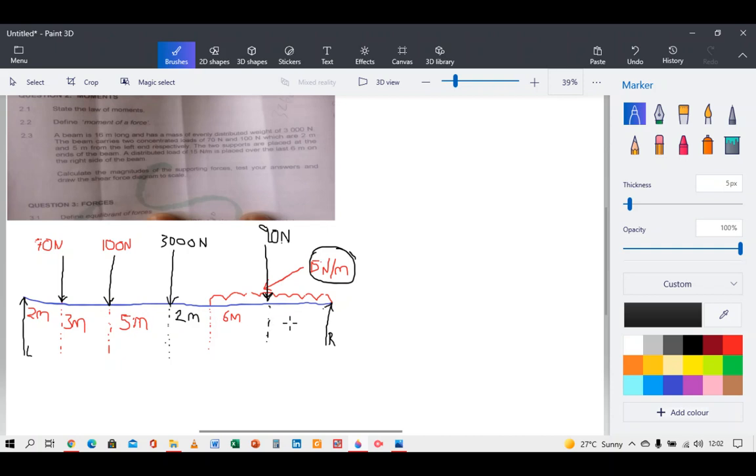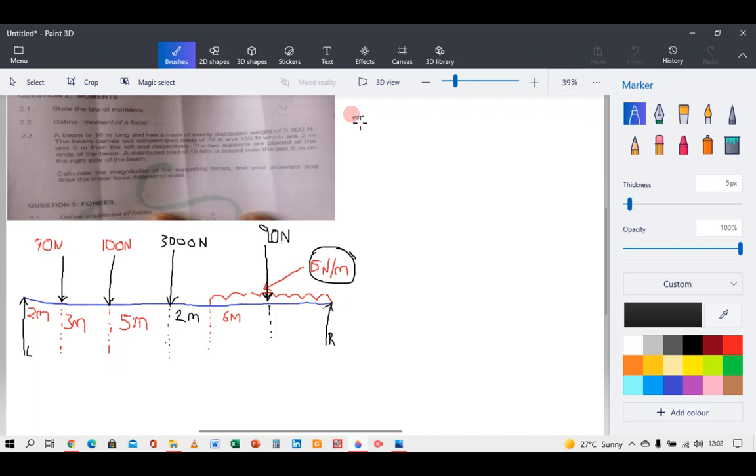That means we are going to have this part, it will be 3, and this part it will also be 3, right? So like this, it will be 3 and 3. Just bear in mind that as it cuts here, this part is 3, and this part is also 3, but I cannot write that one.